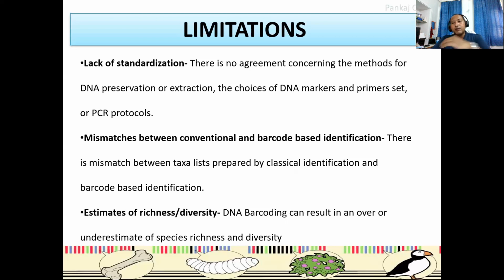Like if we wrongly identified a particular species and reported that in this particular locality this species is present, and using DNA barcoding you find that no, this is not that species, this is some other species, it may lead to errors in the study of diversity.